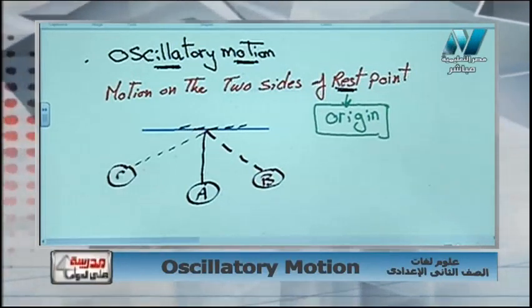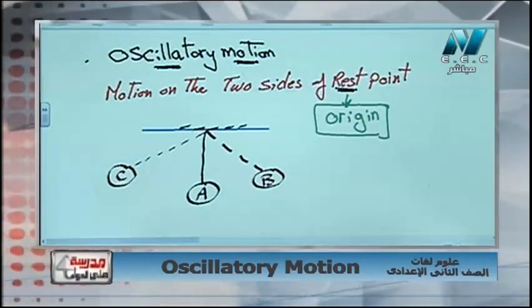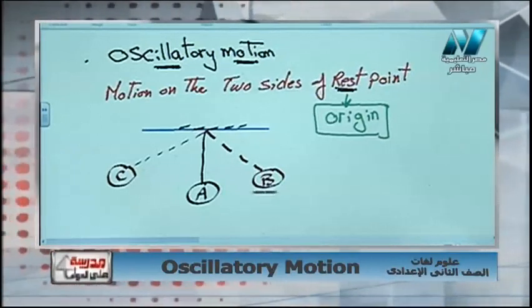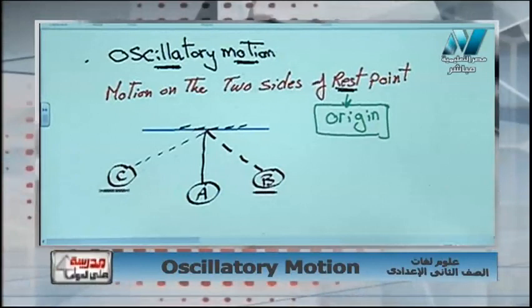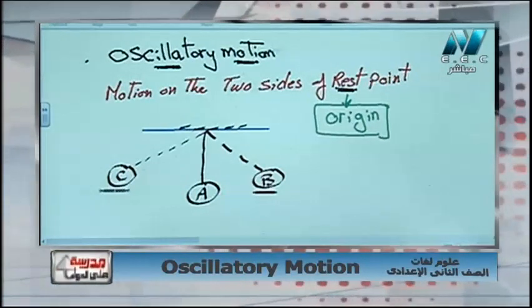So in this case the object moves on the two sides of the rest point or the origin point. So we know what oscillatory motion means.